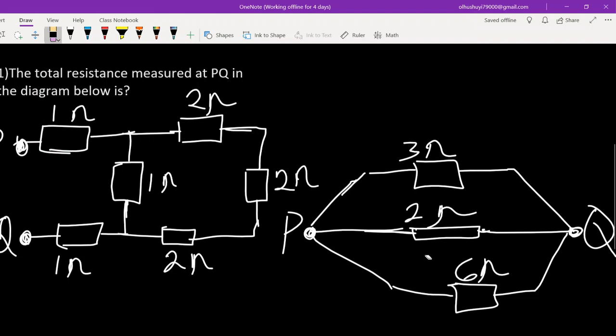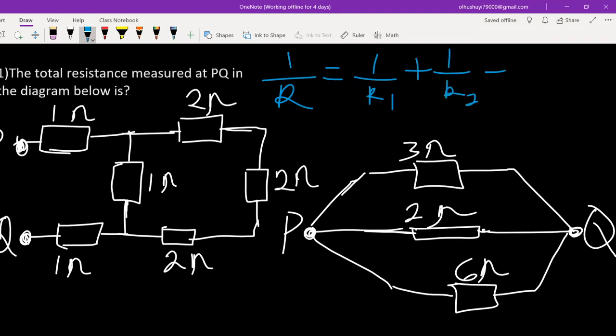So what do we do? I think I mentioned, okay, I've not mentioned, sorry. The combined resistance for parallel arrangement, let me call it R, should be: 1 upon R is equal to 1 over R1 plus 1 over R2 plus 1 over R3 and on and on to 1 over R subscript n.